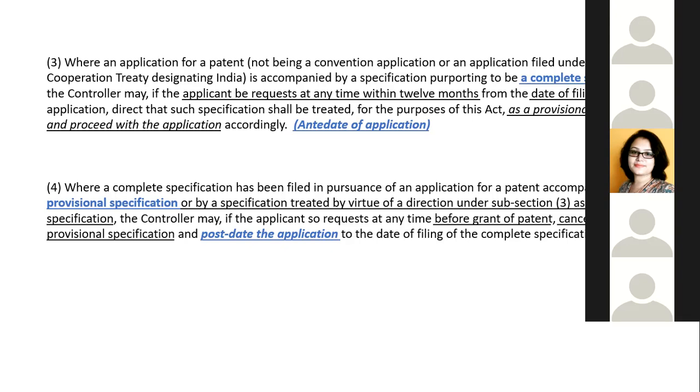Before 12 months of time, if you think that in this application I have to add some more things in my complete specification, then you can convert your complete application into the provisional specification. That is the antedating of the application. The complete application is converted into the provisional application. Now, for this provisional application, you will get 1 year of time for the complete application.